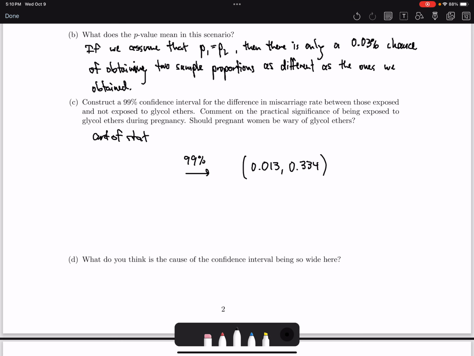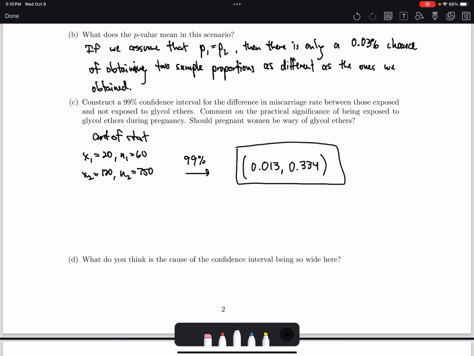Okay, but we went to Art of Stat. We put in the same stuff that we had before, right? X1 was 20, N1 was 60, X2 was 120, and N2 was 750. Okay, and this is the confidence interval that we're getting.